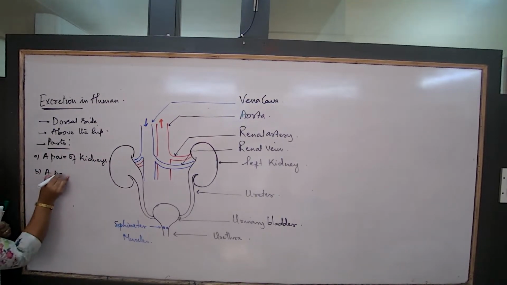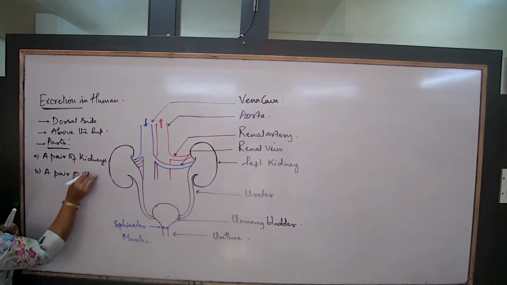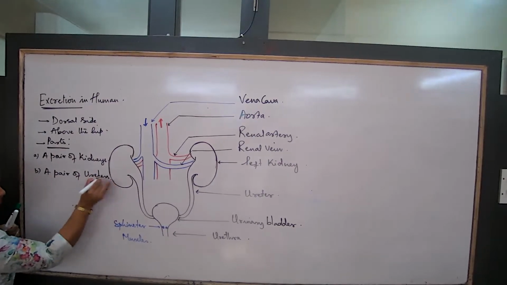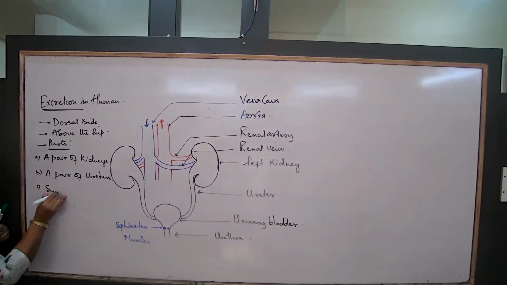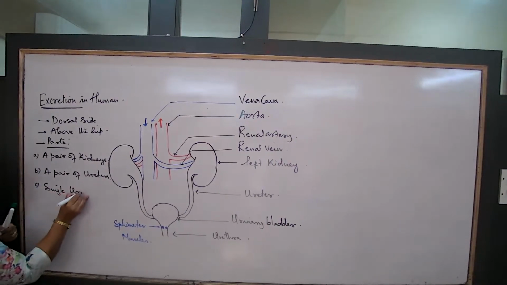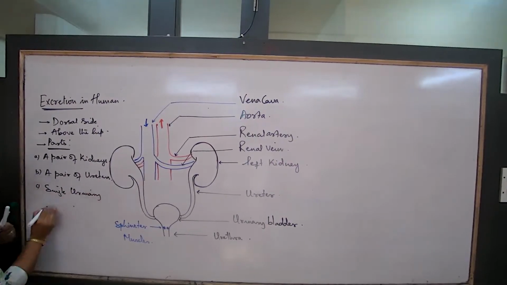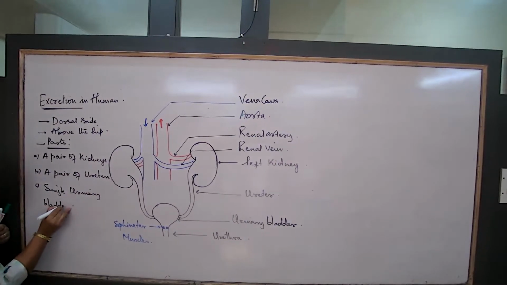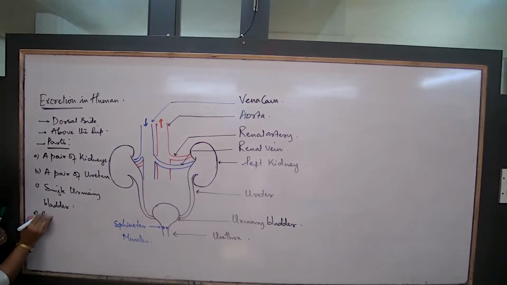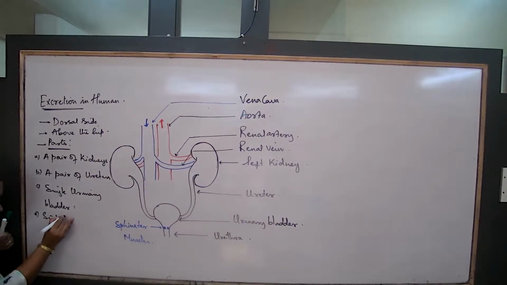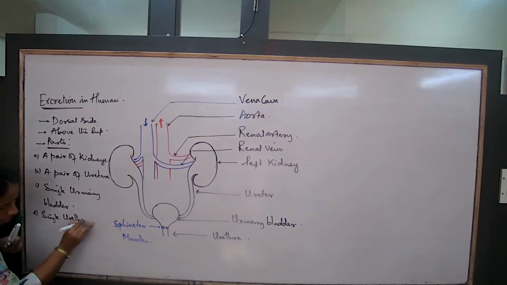A pair of tube-like structures known as ureters. A single urinary bladder, and fourth is a single tube-like structure known as urethra.